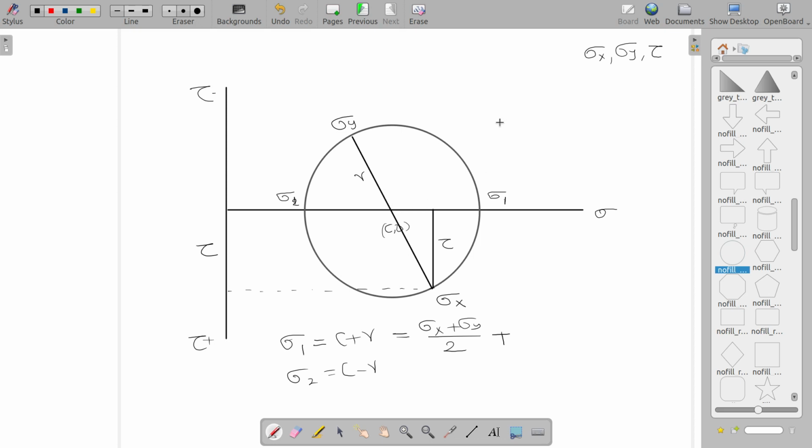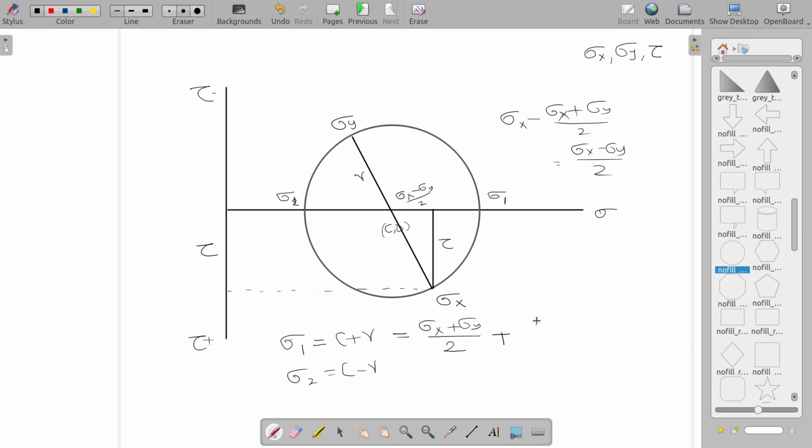This length will be equal to sigma x minus sigma x plus sigma y by 2, which is nothing but sigma x minus sigma y by 2, right? So this is sigma x minus sigma y by 2, and this is tau.